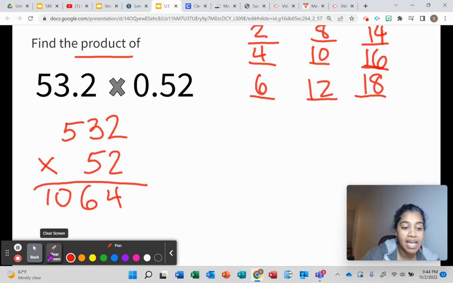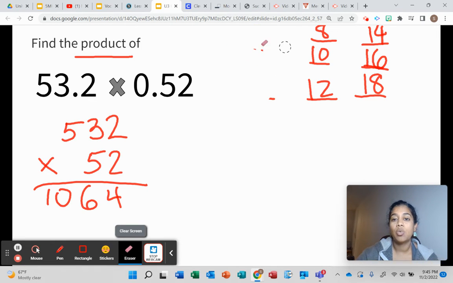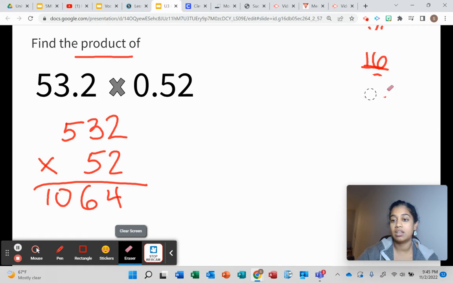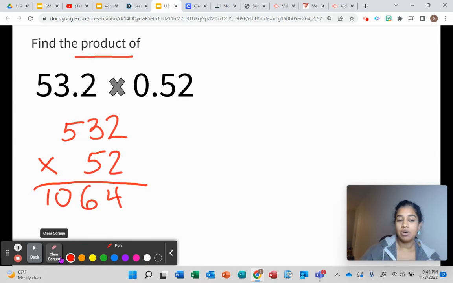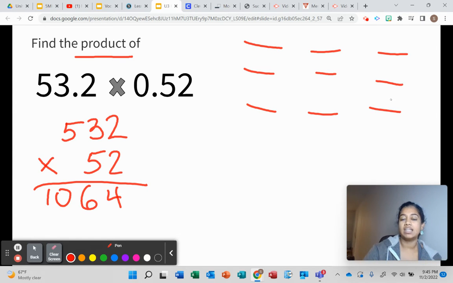I'm going to go ahead and erase these right here because we're going to do our 9 lines again with 5 this time. Okay, so let me erase all of this and let's draw our 9 lines again. 1, 2, 3, 4, 5, 6, 7, 8, 9.